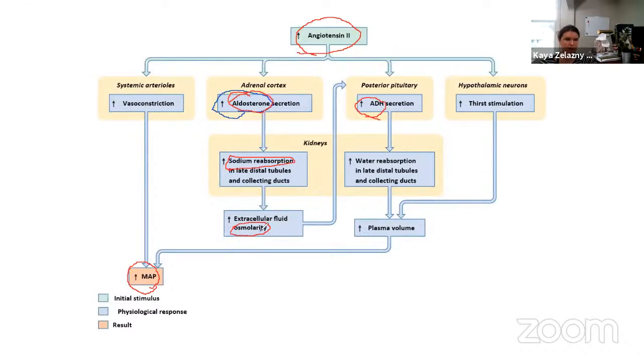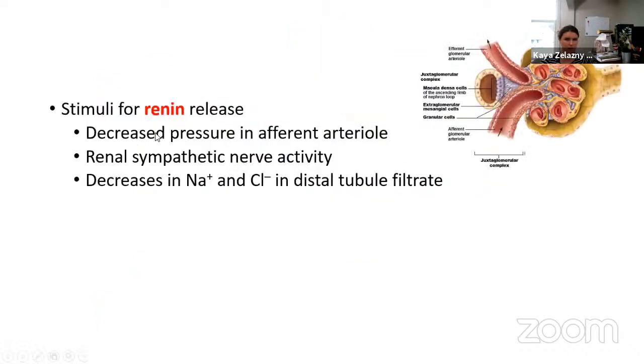So as we increase sodium content, we're increasing the osmolarity of the extracellular fluid at those receptors, telling our hypothalamus to tell our posterior pituitary to release ADH, which tells us to reabsorb water, ultimately bringing our plasma volume back up and increasing mean arterial pressure, our blood pressure. So that's the ultimate role of this whole flow. So that's what we did before.